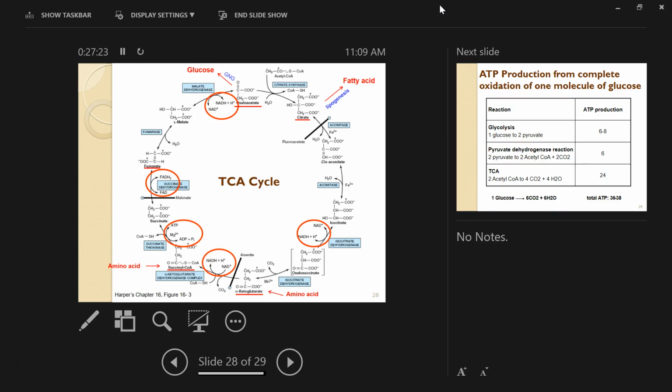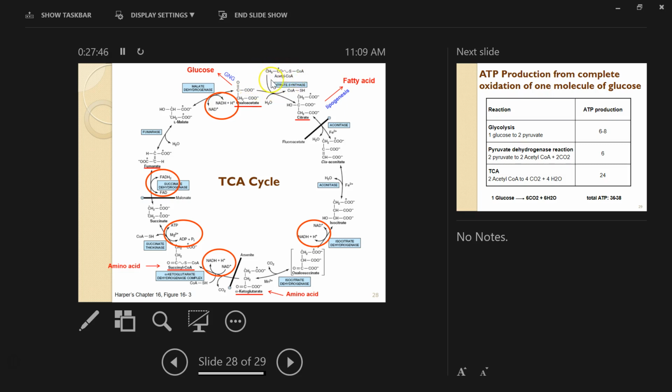So for the TCA cycle, what you need to know is the ATP production and reducing equivalent production, so then you will be able to calculate the ATP numbers. And most importantly, which molecules enter the TCA cycle.